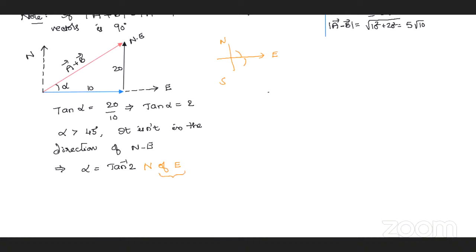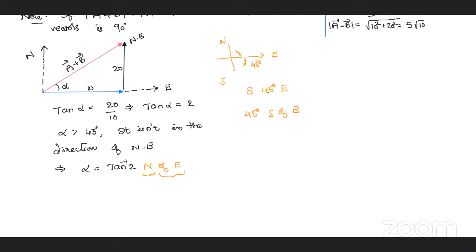But towards north or towards south we have to check. The angle here I found towards north, so I write towards north. Suppose you found 45 degrees towards south, then I write 45 degrees south of east.